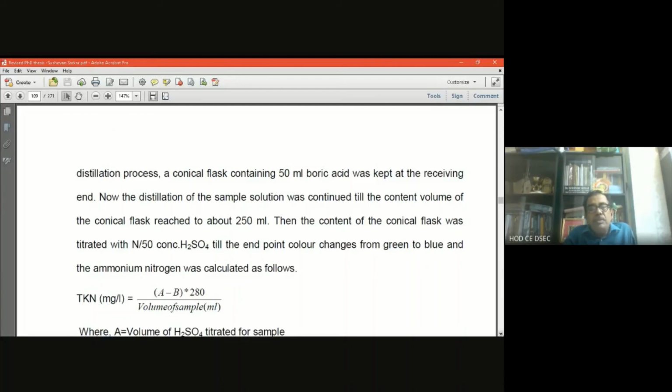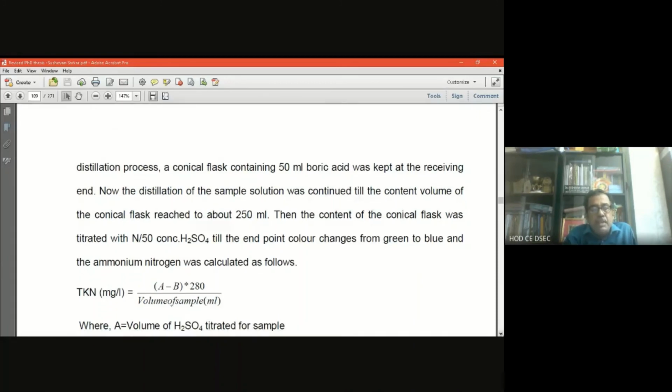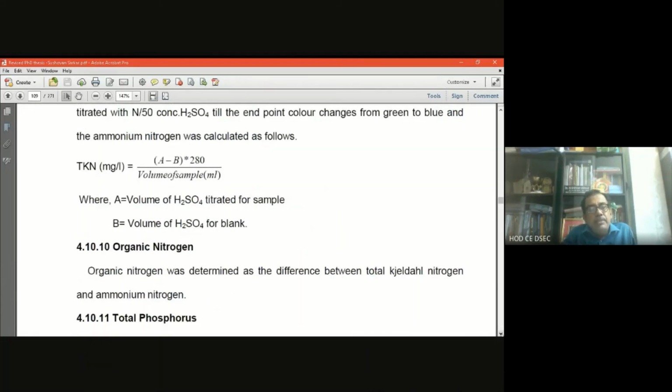The content of the conical flask is then titrated with N/50 H2SO4, and it will give the total Kjeldahl nitrogen. If you subtract the ammonia nitrogen from the total Kjeldahl nitrogen, it will simply give the organic nitrogen. So organic nitrogen is the difference between the total Kjeldahl nitrogen and the ammonia nitrogen.